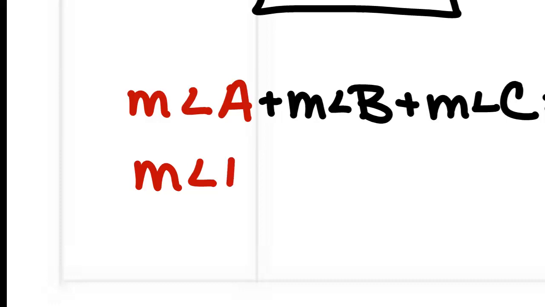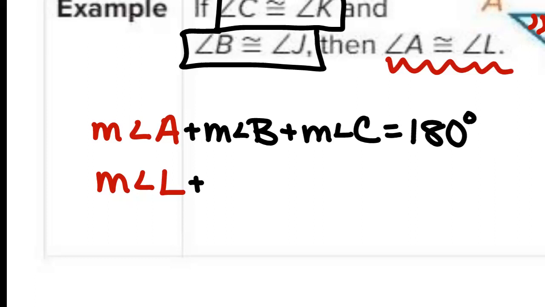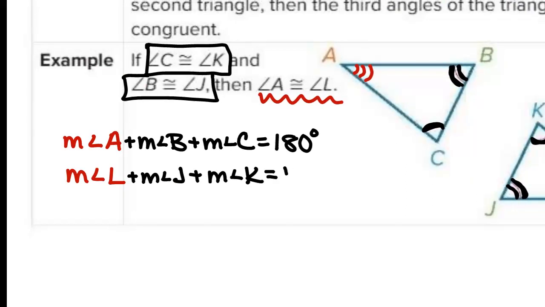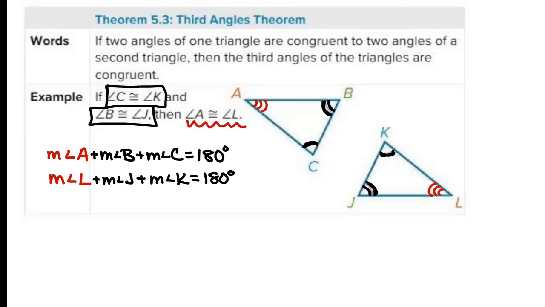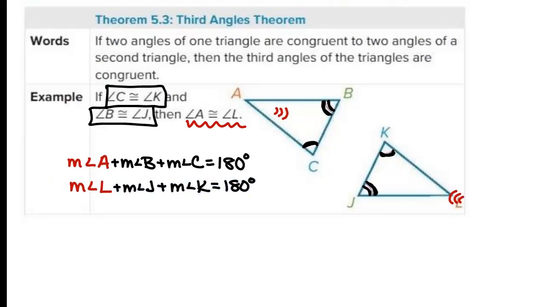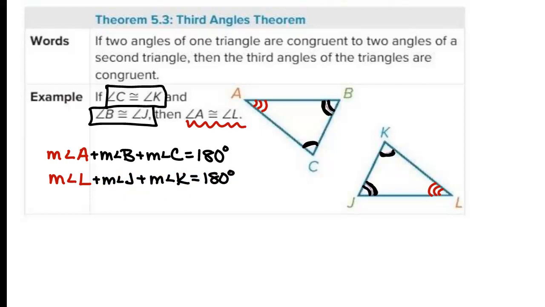So the measurement of angle L plus the measurement of angle J plus the measurement of angle K, that would also have to add up to 180 degrees. Well, these two are the same. 180 is the same as 180.